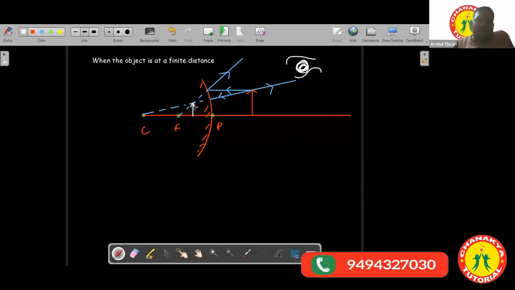So see here, we obtained the image. Now I hope all of you must have written the characteristics. Is there anyone who is not able to determine the image characteristics?